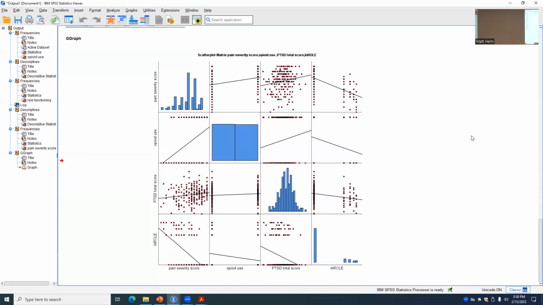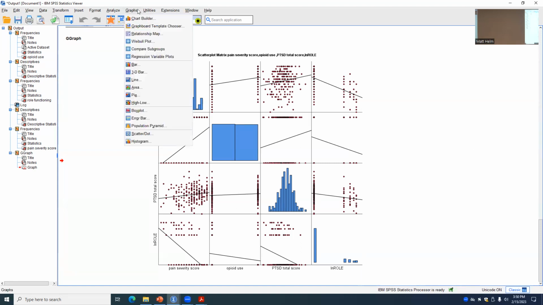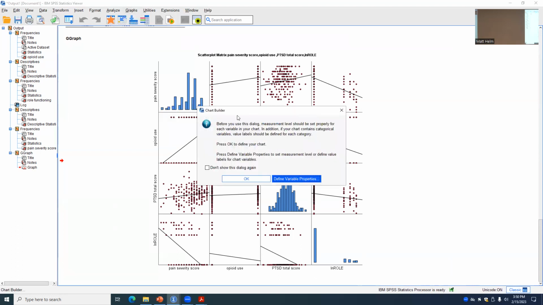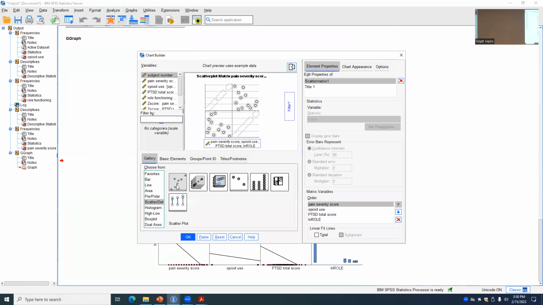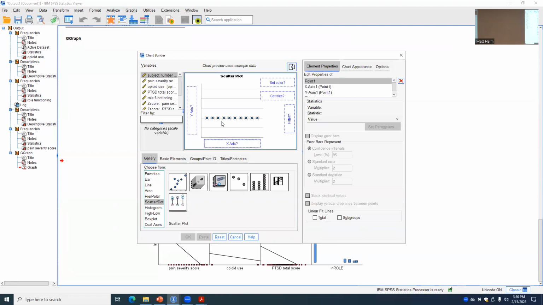So we've got role functioning on the X and pain severity on the Y. I could go to graphs, chart builder. If I wanted to look at just that relation, I'd say I want role functioning on my X and pain severity on my Y.